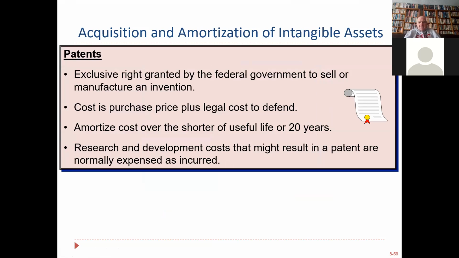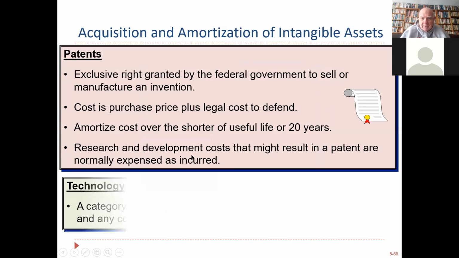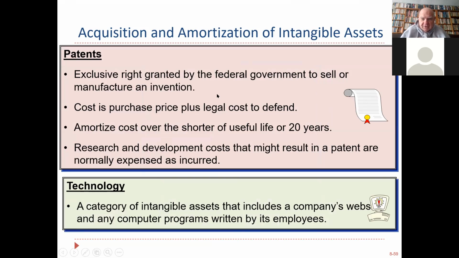Patents. Let's go back to patents. It's an exclusive right granted by the federal government to sell or manufacture an invention. And the cost of this asset is whatever you purchased it for. Let me point something out that's kind of important here. I said Steve Jobs got a patent on the iPhone, right?